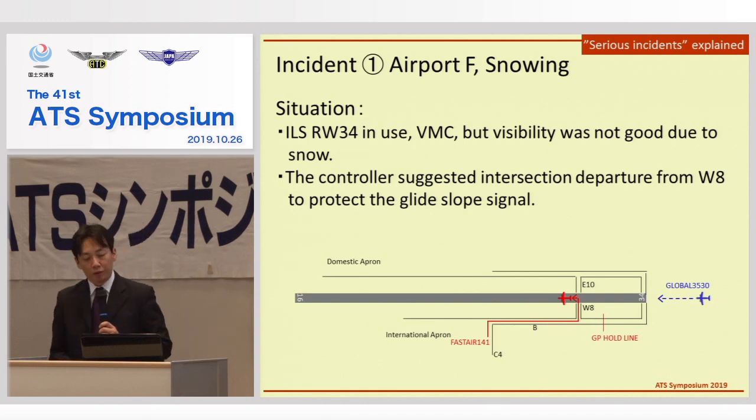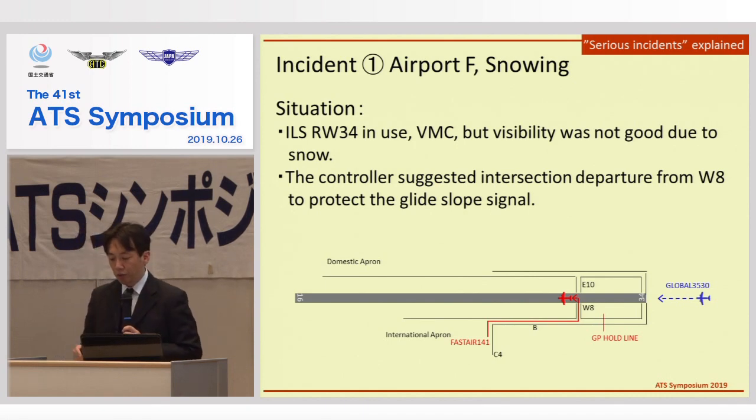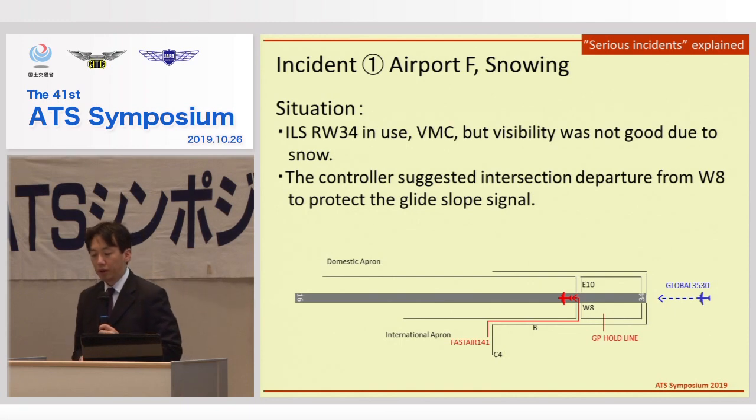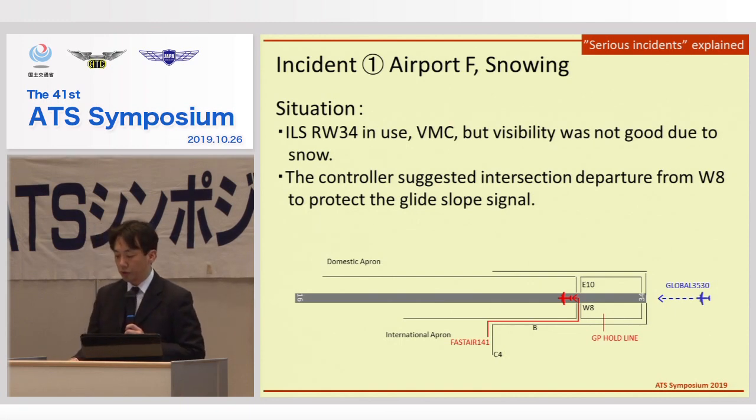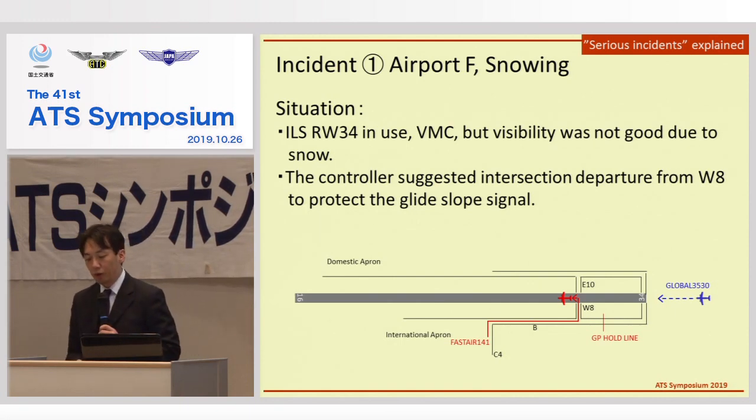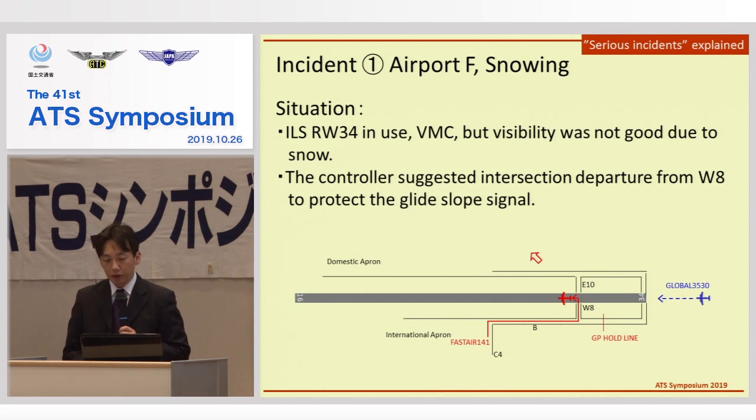Now, incident number 1. The airport was in VMC, but the visibility was not that good due to snow. So the ILS runway 34 approach was in use, and the controller had to protect the glide slope signal. So First Air 141, an international flight from West Apron, was routed to Whiskey 8 instead of the end of the runway, so that it does not have to cross the GP hold line.